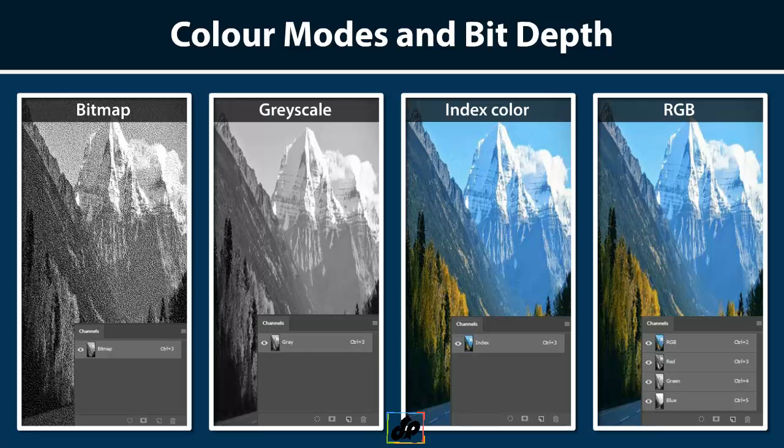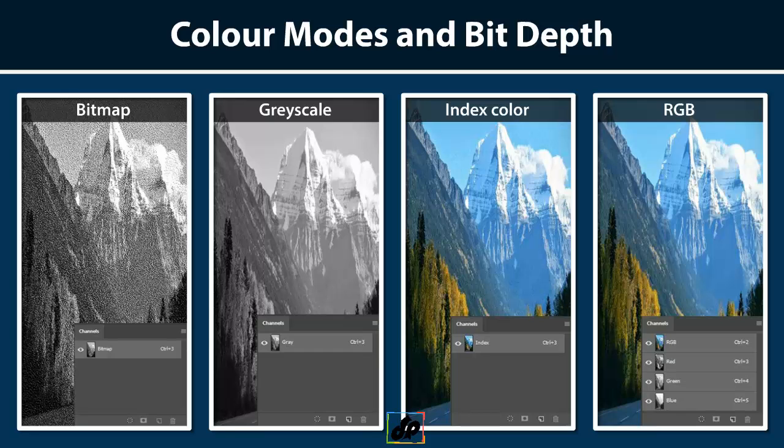To resolve this, both the RGB and the grayscale color mode can support higher bit depths, 16-bit and 32-bit. A 16-bit grayscale image can have over 65,000 shades of gray, far more than the 256 values per channel possible in the 8-bit grayscale image, and a 16-bit per channel RGB image will contain over 65,000 possible values for each channel.